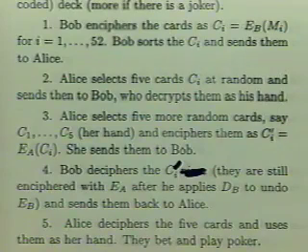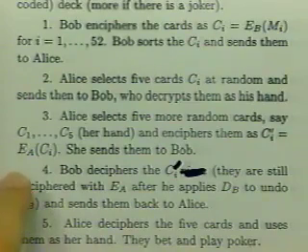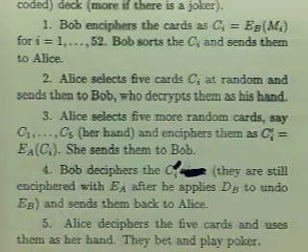This is going to be her hand, but her hand is enciphered with Bob's Pohlig-Hellman cipher. Alice enciphers these ciphertext cards once more. She ciphers each of the 5 ciphertext cards by using her cipher EA of CI.